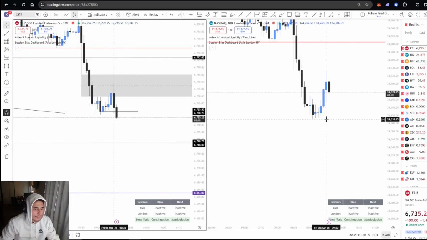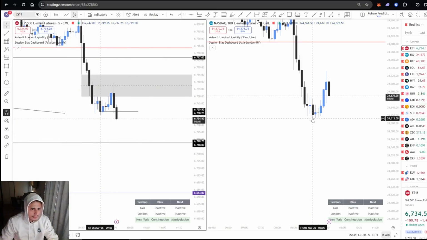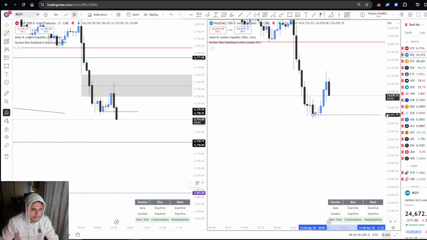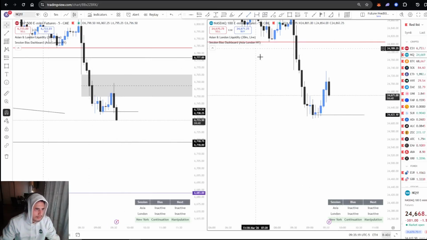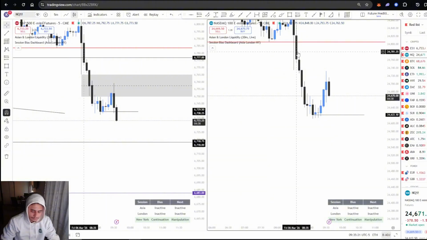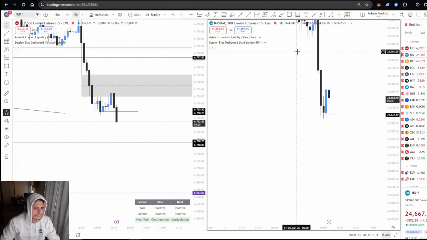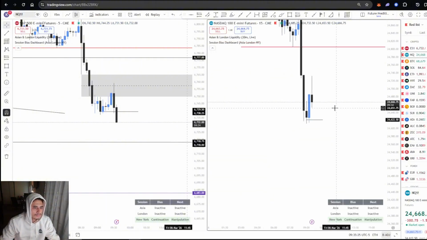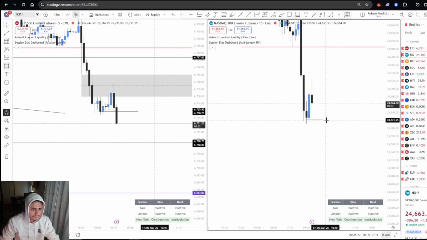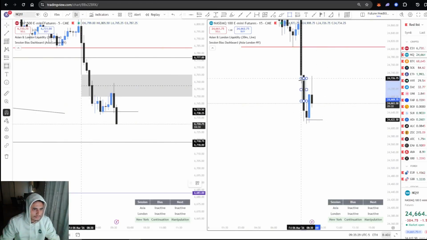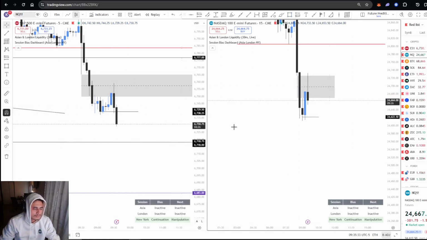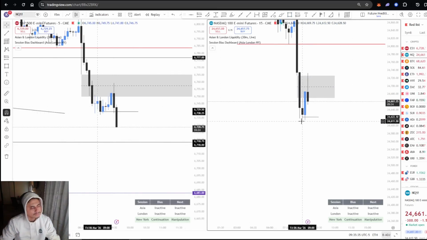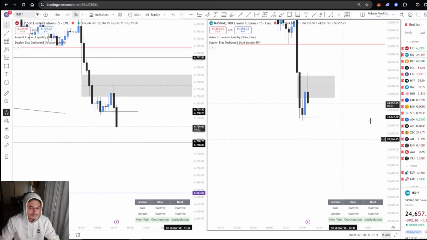S&P 500 broke, so if ES broke, we want to see Nasdaq break to the downside. So we're just waiting for Nasdaq to break to the downside now.